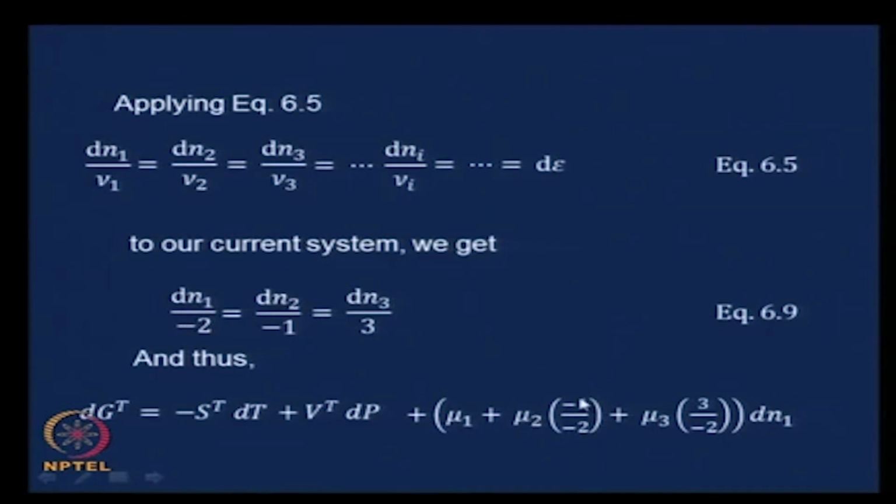That is what we have written here, minus 1 by minus 2 dn_1, there is a bracket here and we have taken dn_1 common out, and mu_3 dn_3 is nothing but, in terms of dn_1, 3 by minus 2 dn_1, and that is what we have written here. Let us call this equation 6.10.